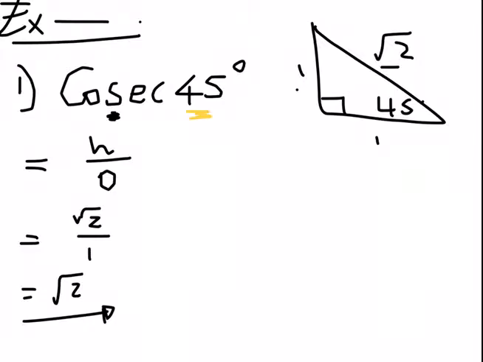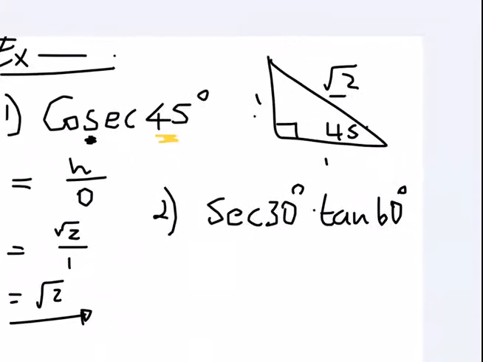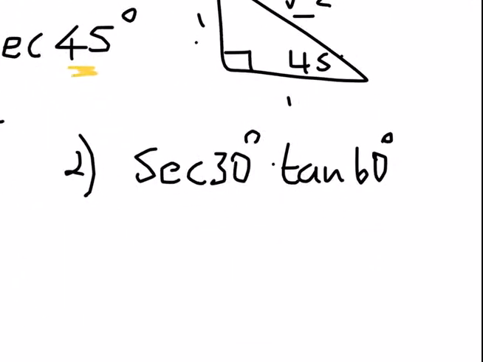So now we need to jump onto maybe question number 2. Then in question number 2, we have sec 30 degrees that you multiply by tan 60 degrees. So again, we will say sec is the cousin of cos, which is adjacent over hypotenuse.